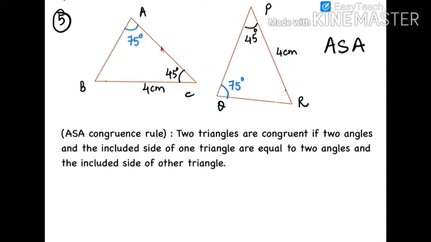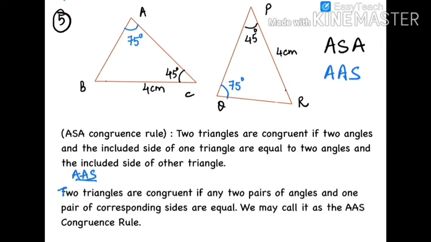So now we have another rule or criteria for congruence, and that is called angle angle side. So according to AAS criteria, two triangles are congruent if any two pairs of angles and one pair of corresponding sides are equal.